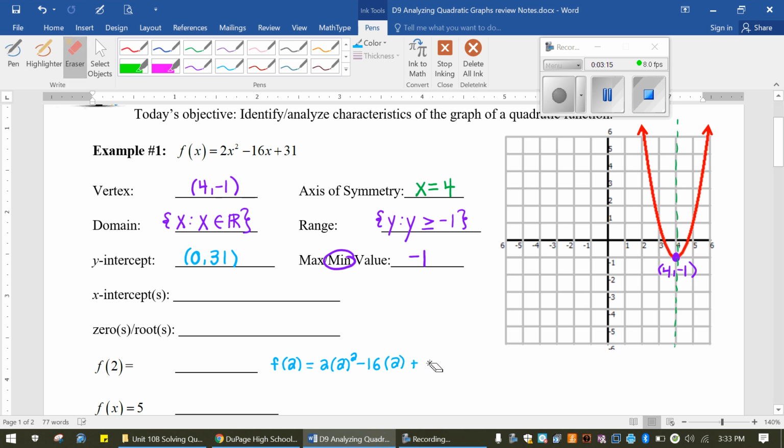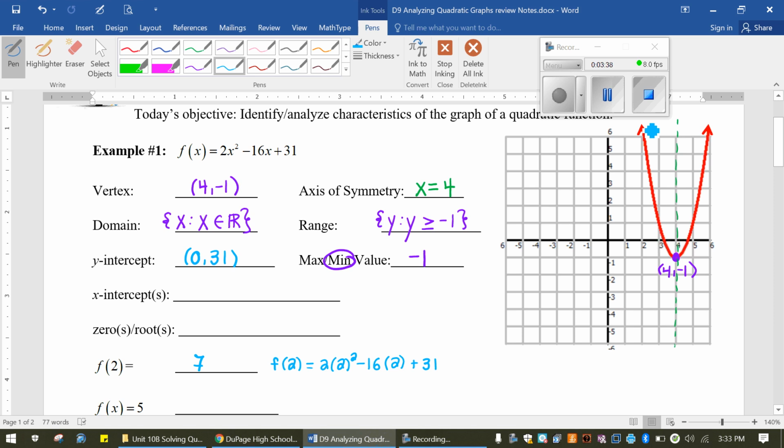And you can actually enter that whole thing into your calculator at one time, as long as you're including the parentheses where they need to be, and you will get an answer of 7. And then we can go to our graph and see if that would make sense. So if x was 2, y would be somewhere up here, which is 7. So that seems like a reasonable answer.